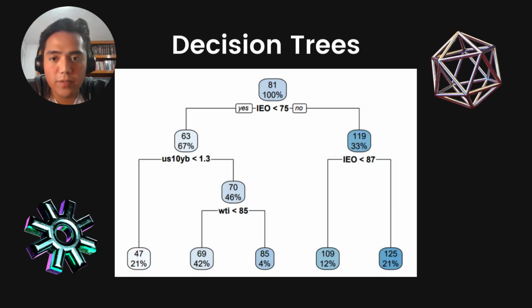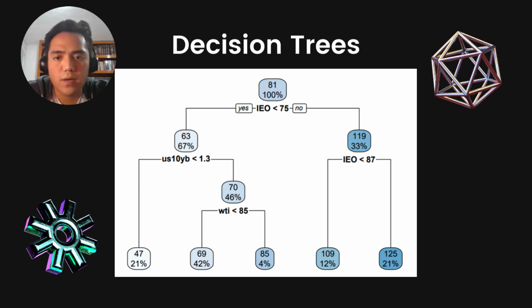As we have here, for example, the decision tree for Valero. We have the first price, which is $81, and this represents our root node. And as we advance, we have the other internal nodes.